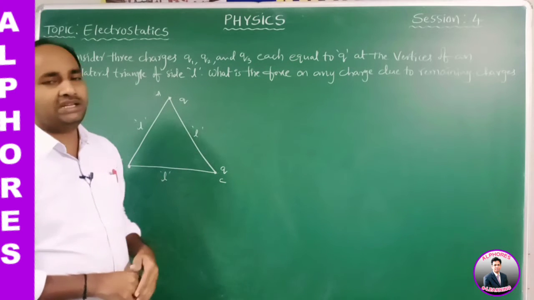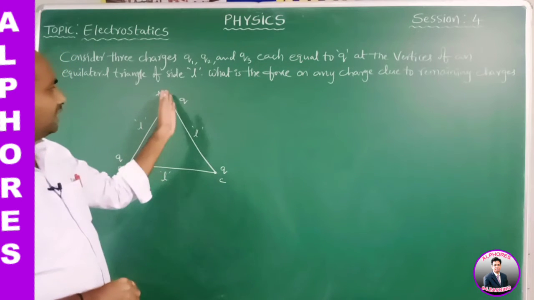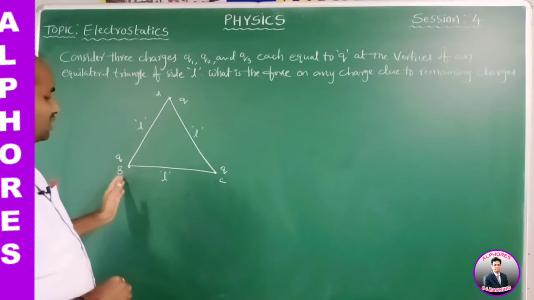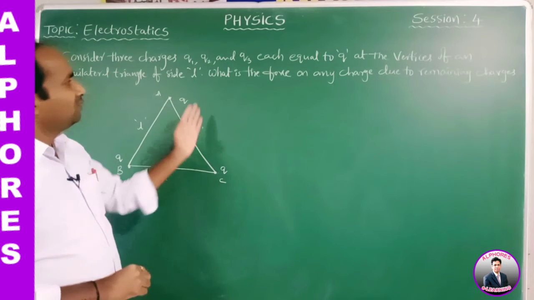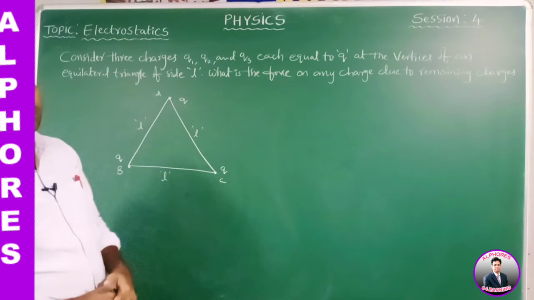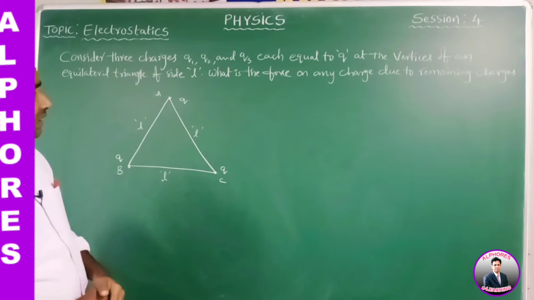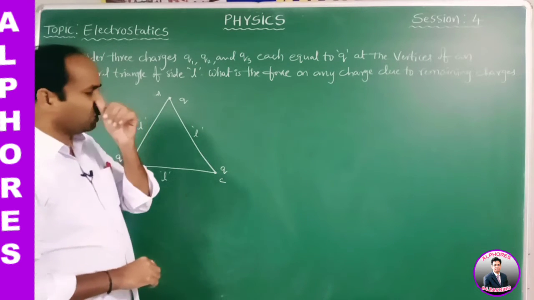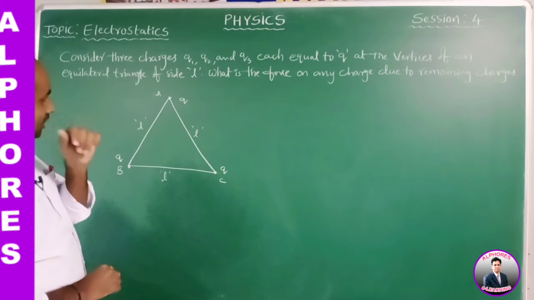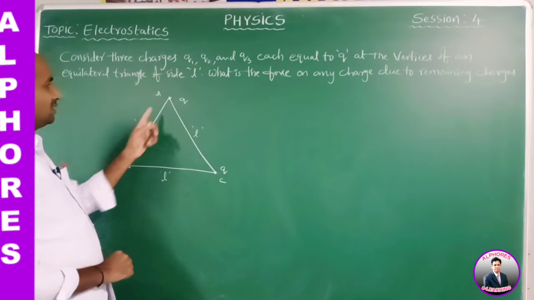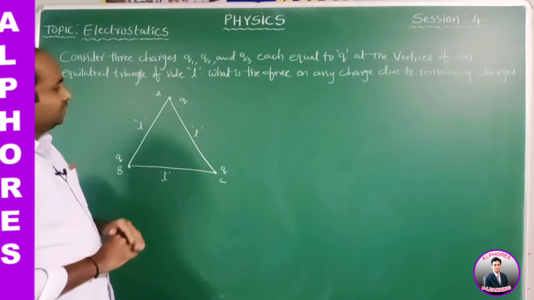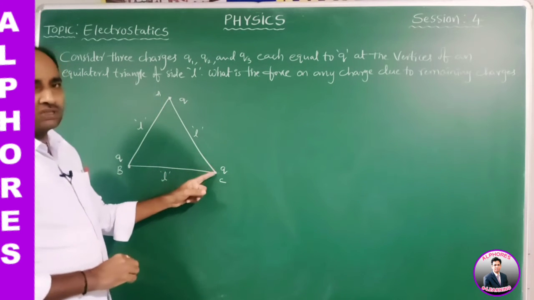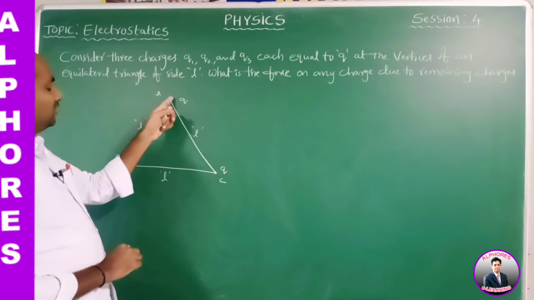Now, force on any charge. You may take the charge kept at A, or at B or C. The force on any charge due to the remaining 2 charges we should calculate again by using the principle of superposition. All are identical charges, Q, Q, Q. So if you are calculating the force on any one of them, it is repelled by the other 2 charges.